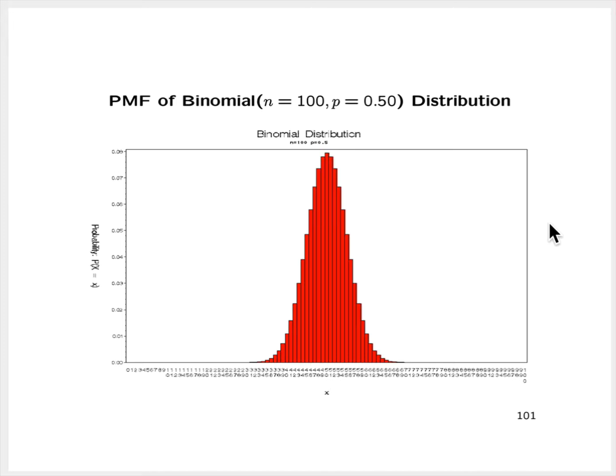When p is less than 0.5, the binomial PMF is going to be right skewed. And when p is greater than 0.5, the binomial PMF will be left skewed. And for a given value of p, as the sample size increases, the level of skewness is attenuated. In other words, it gets closer and closer to 0.